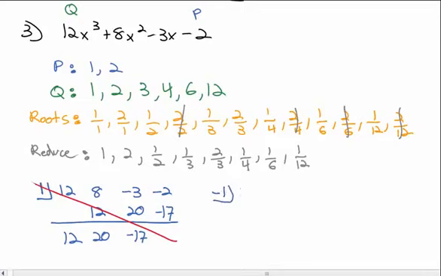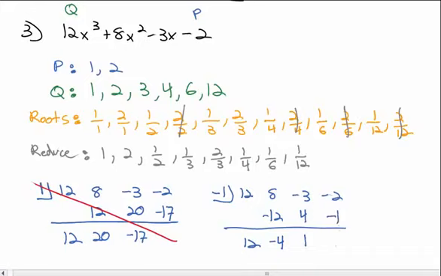So let's try negative 1 with 12, 8, negative 3, negative 2. Bring down the 12. Times negative 1 is negative 12, plus 8 is negative 4, times negative 1 is positive 4, plus negative 3 is 1, times negative 1 is negative 1. Not quite. Not going to work for us.